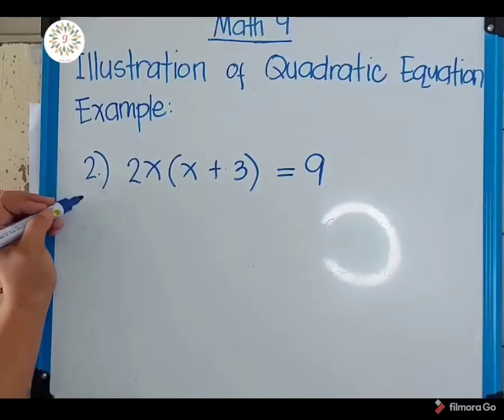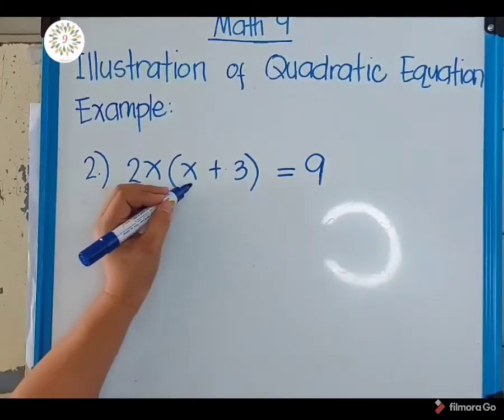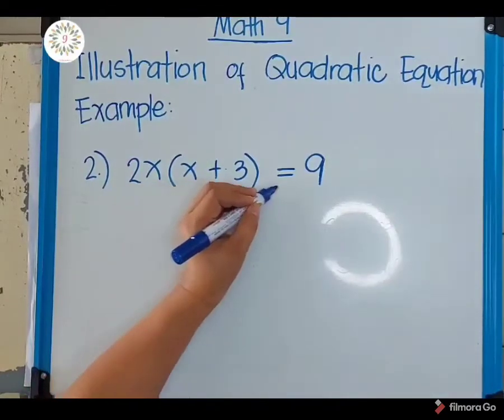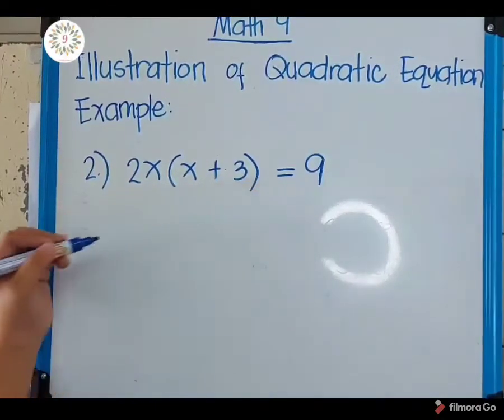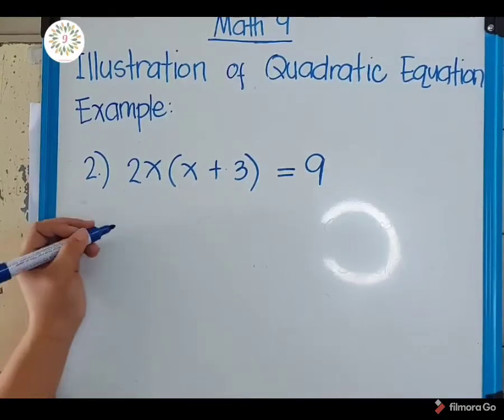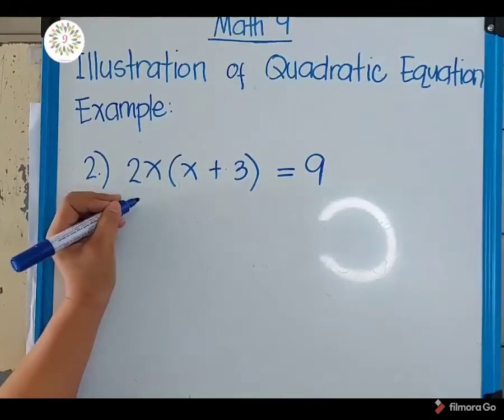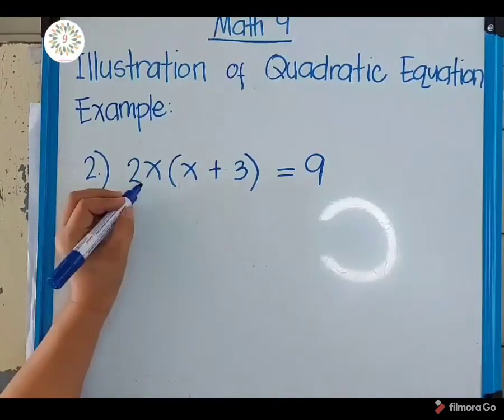Example number 2. We have 2x times the quantity of x plus 3 equals 9. Is this a quadratic equation? Let's see. Let us apply the distributive property.